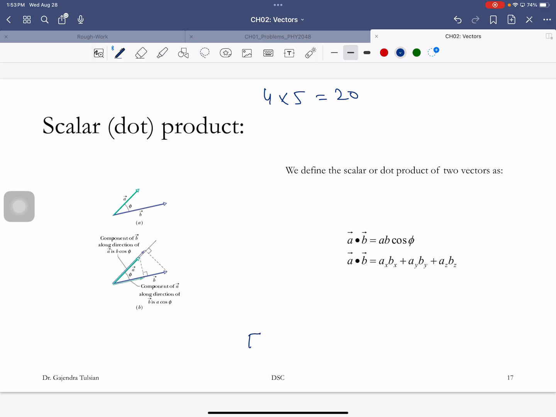If you apply a force on the object and it moves a certain distance, the amount of work you've done is F dot S. You will learn that work is the dot product of the force acting on an object with the displacement.